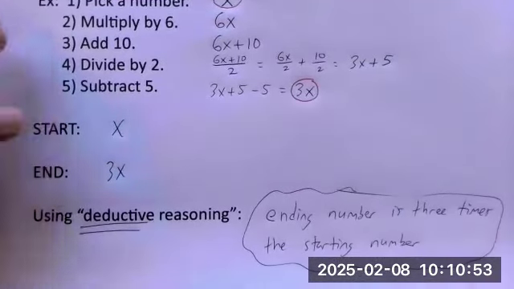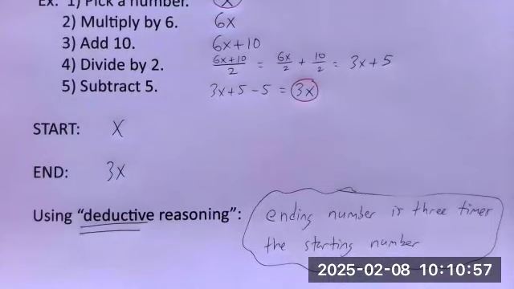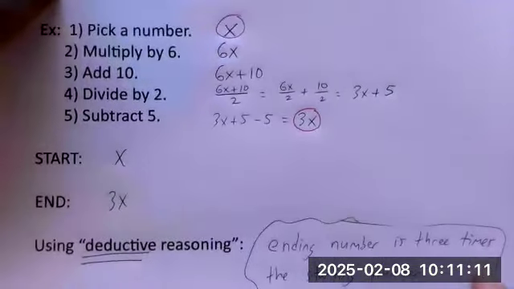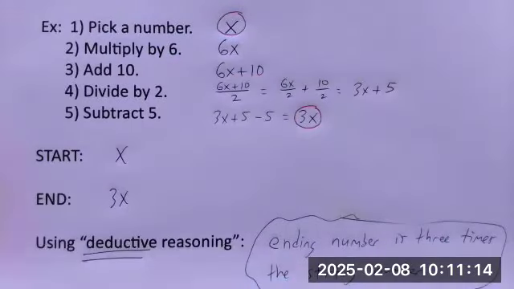There's no guessing anymore. There's no questioning this. I am 100% confident in saying this now. I am certain about this. So that's the power of deductive reasoning. Deductive reasoning, if you can pull it off, I'm not saying we can do it every time in every case, but this was a good example to show how deductive reasoning can work.